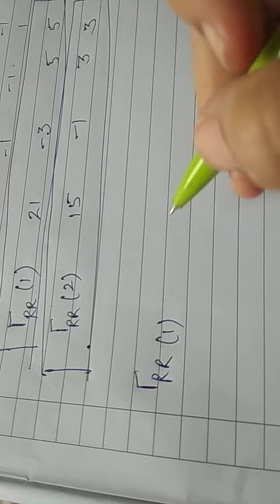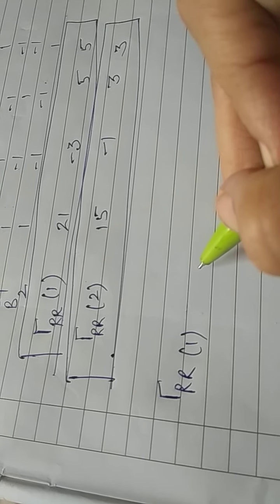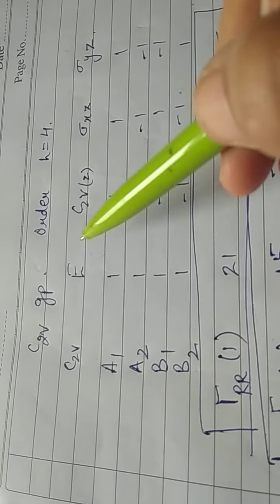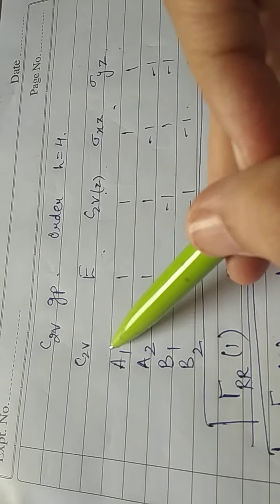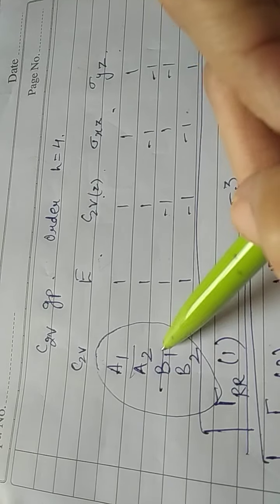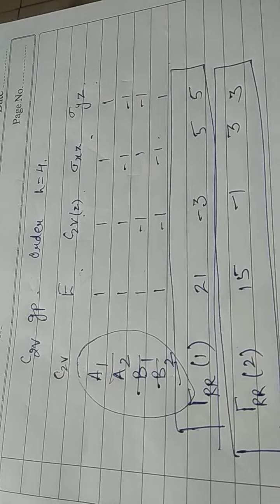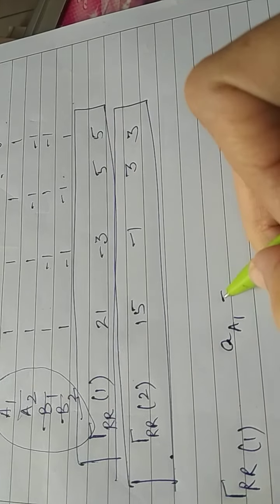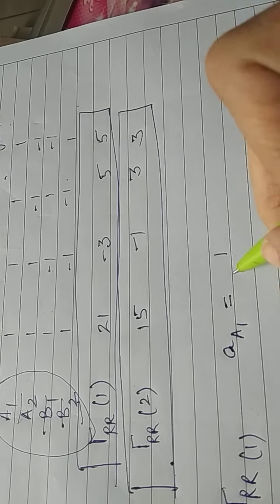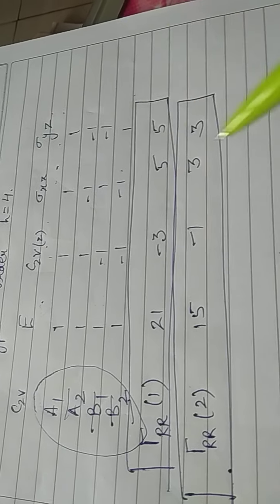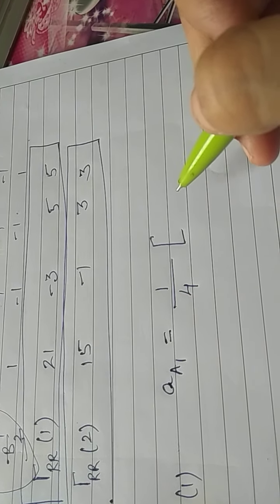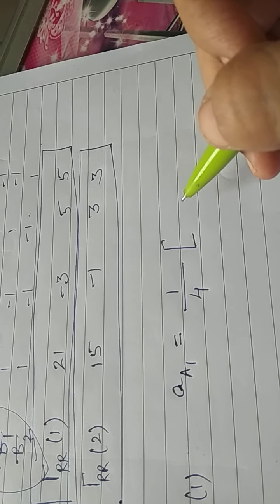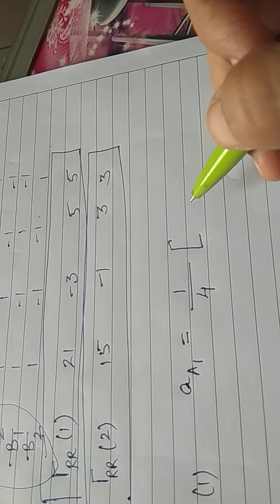Now what you have written is a_i. So we know in the C2v character table what these are and what the Mulliken symbols are. With respect to each Mulliken symbol we are going to do the calculation. The first Mulliken symbol is A1. So in the formula, a_A1 is equivalent to 1 upon h. h is the order, here the order is 4. How is the order 4? 1, 2, 3, 4. I hope you remember that. Then there is a summation of, first, g_R, that is the number of operations in the class.